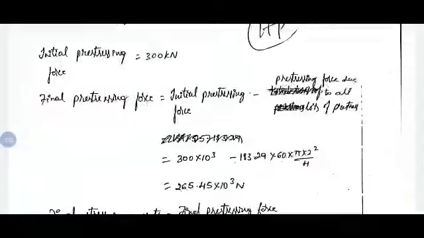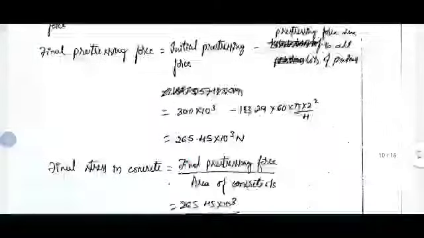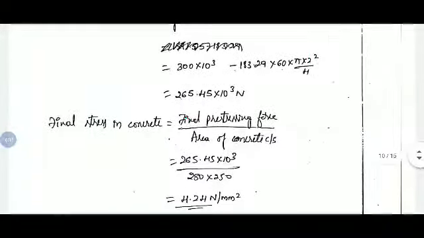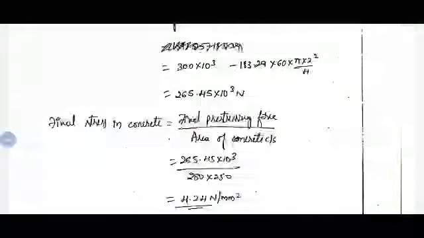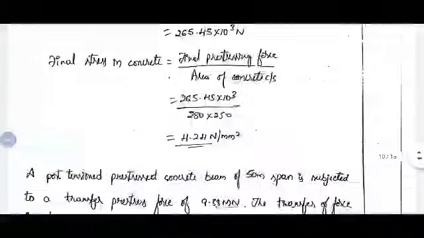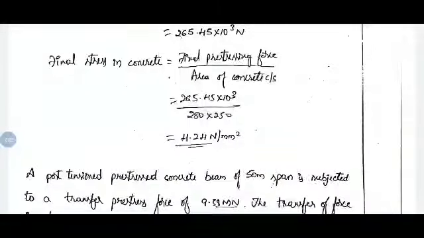The loss of pre-stress you have calculated, total loss, it is 183.29. If you take the cross section, what is the stress or force lost in it, we come to know. So if you subtract it from the initial pre-stressing force, we will get 265.45 kilonewton. So final stress in concrete, final pre-stressing force by area of cross section, that is 4.24 Newton per mm square.